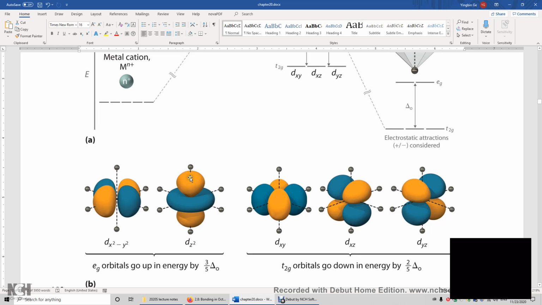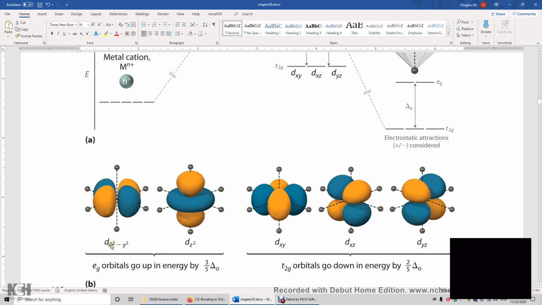These are very close to each other. That bumps up the energy of dz squared. That means if you put electrons in this orbital, this electron will feel a greater repulsion than if you put the electron in here.